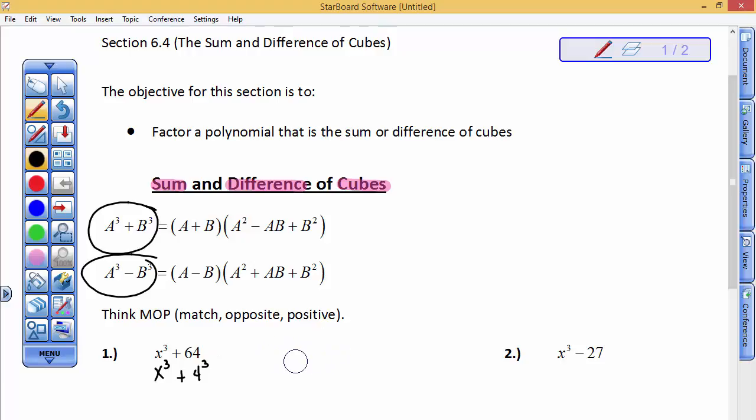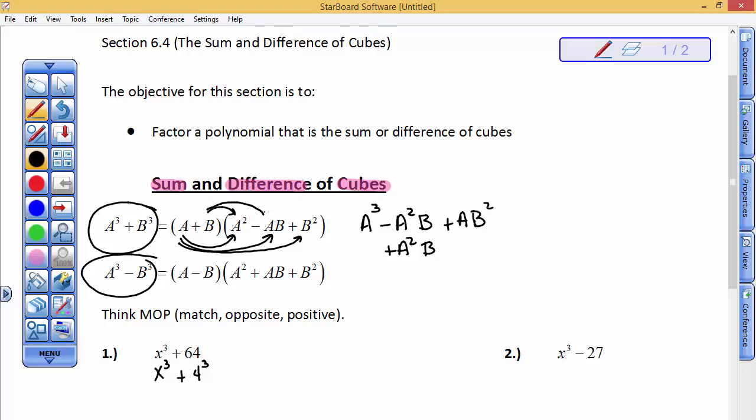So I'm not going to go there quite yet, so it's going to be x cubed plus 4 cubed is what that's going to be. But if I took this memorized formula, a plus b times a squared, I get a to the third power, and a times a minus ab is a minus a squared b, and a times b squared is a times b squared, but then multiply b times a squared, and that's positive, and that's called b times a squared, so I can write it in this order because multiplication can be done in any order.